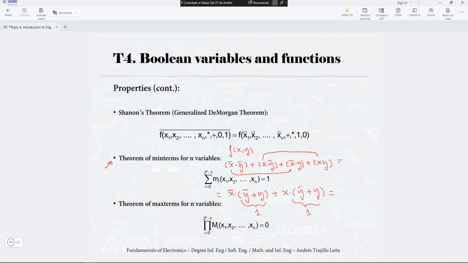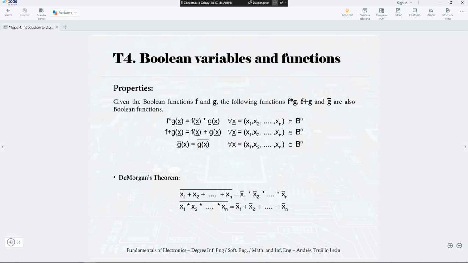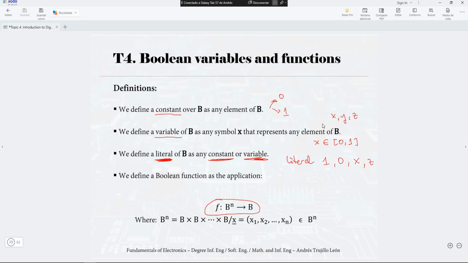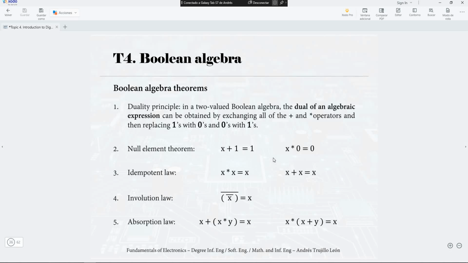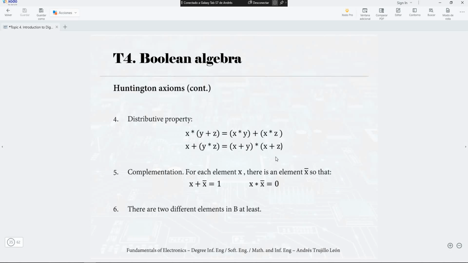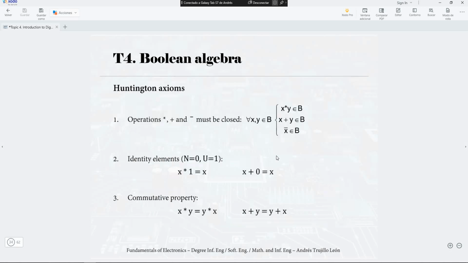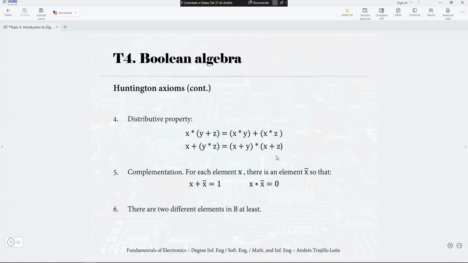We are going to remind this theorem. Here, the complementation theorem: a variable summed to its negated version is 1.